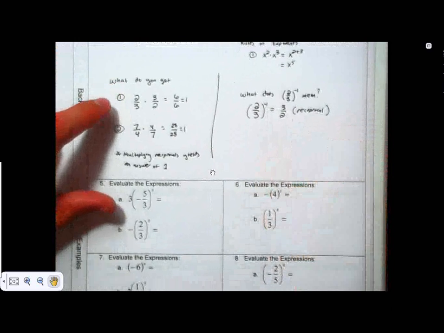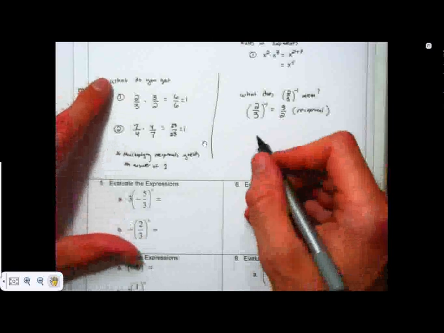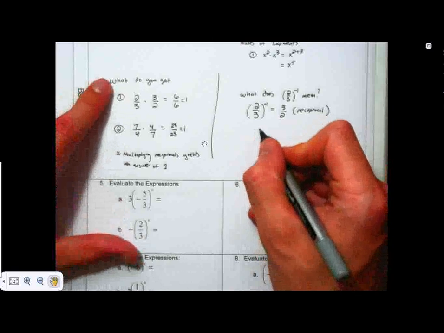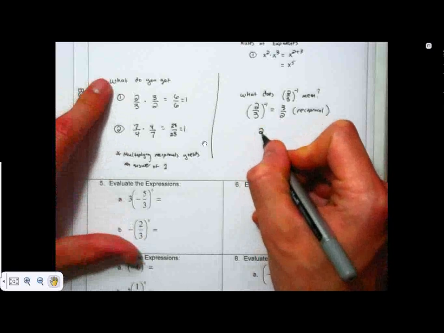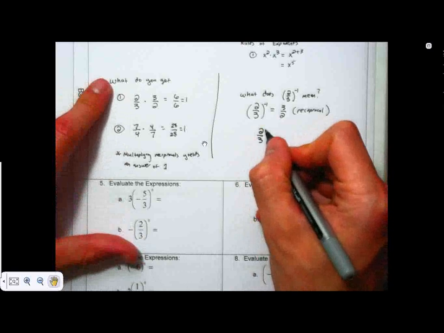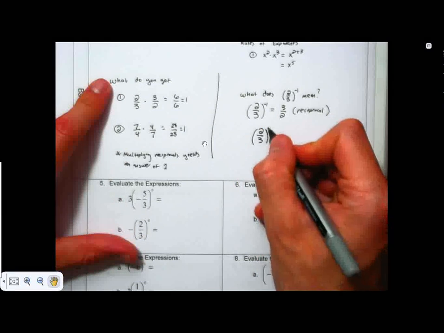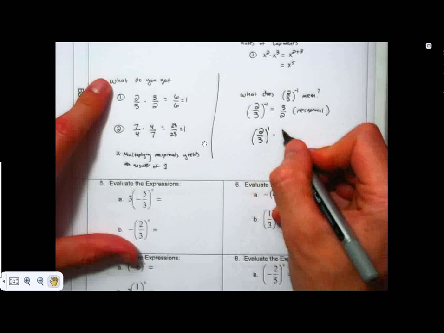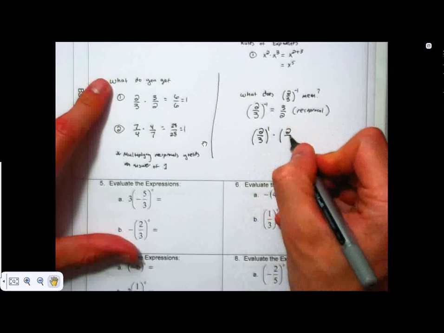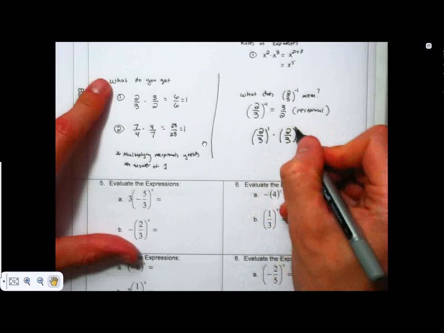So let's put all of these ideas together, and suppose I were multiplying 2/3 to the first power times its reciprocal, which is 2/3 to the negative first power.